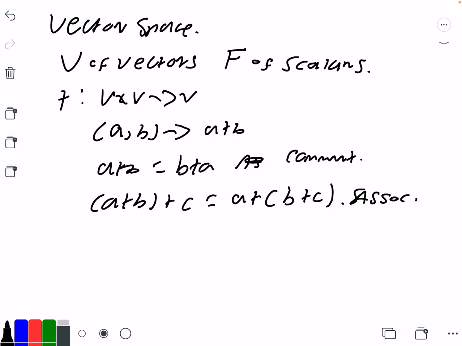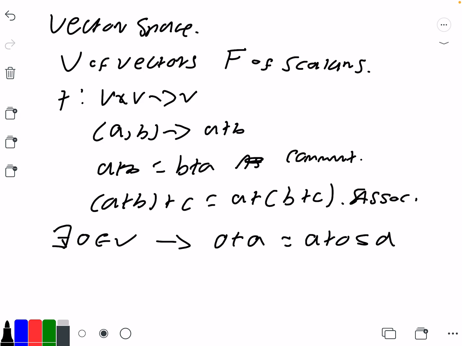Okay, and in a vector space, we always have a zero element, such that 0 plus any vector equals any vector plus 0 equals that vector.